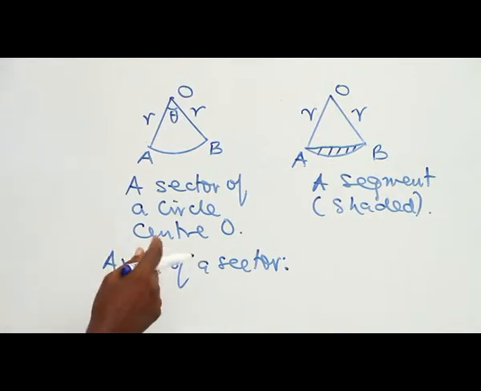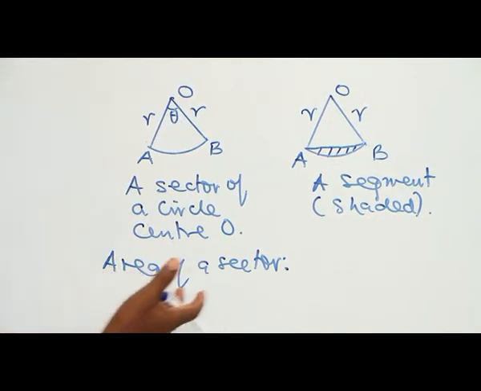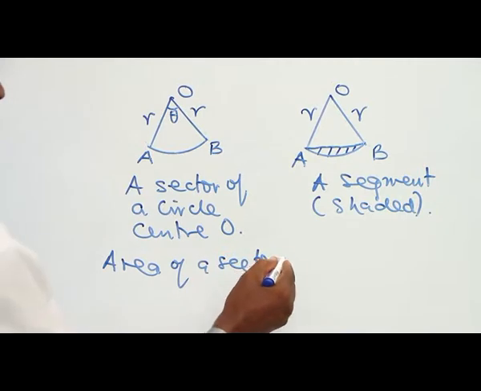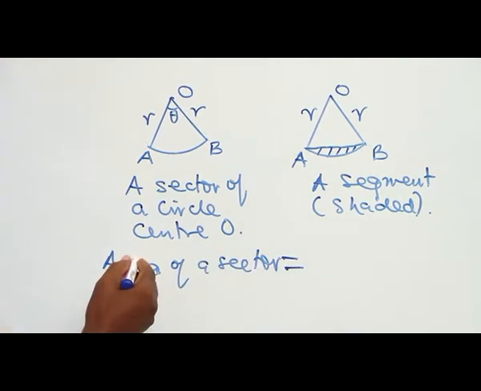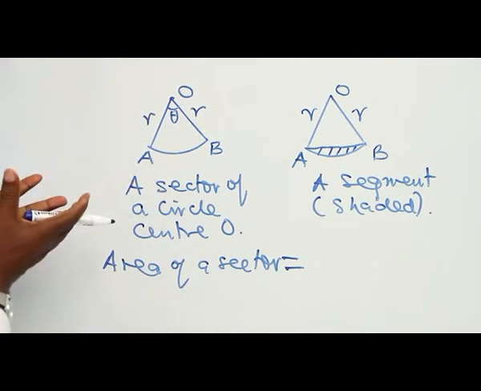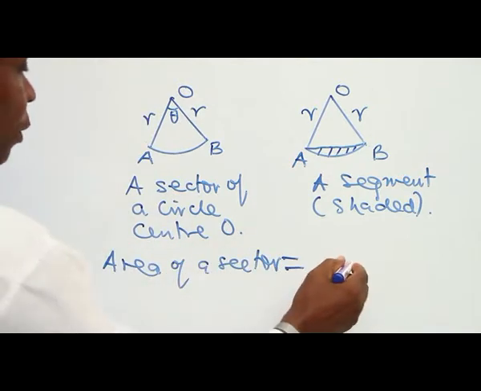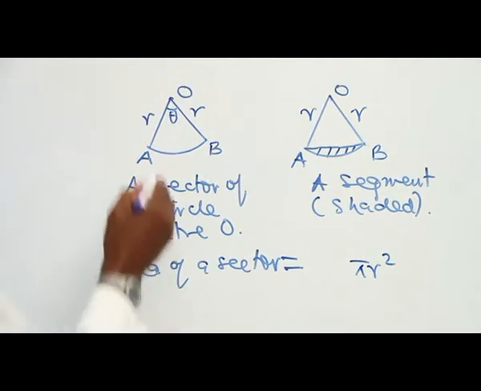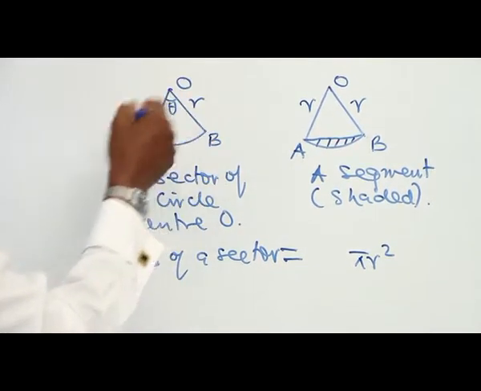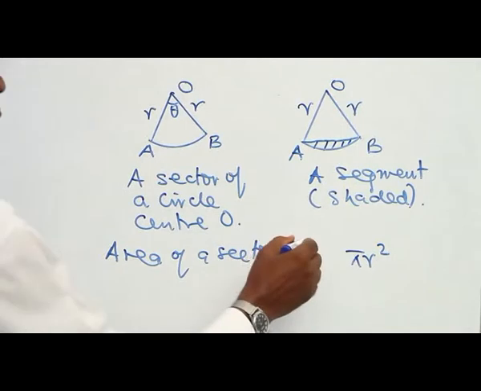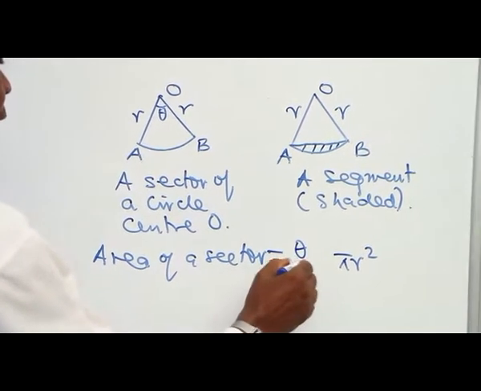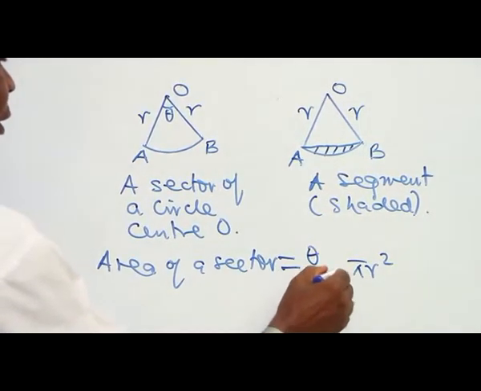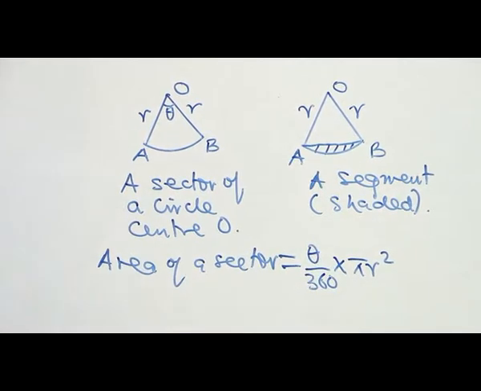So in that wise, if we have to find the area of a sector, the area of a sector will be equal to, remember the area of a circle. The area of a circle is pi r squared. Then this is a fraction, a part of a circle. So that becomes the angle subtended all over 360 times pi r squared.